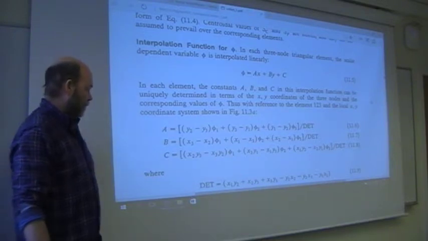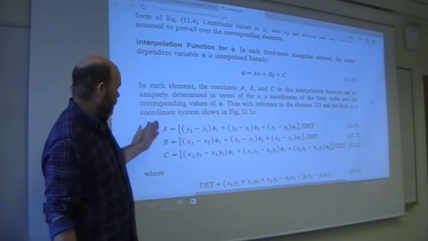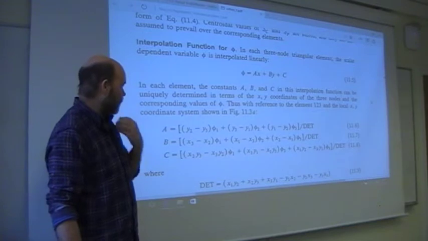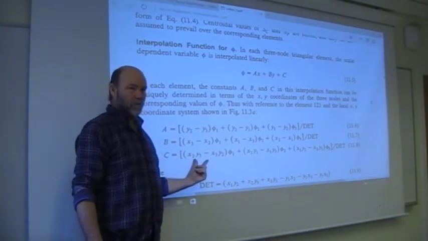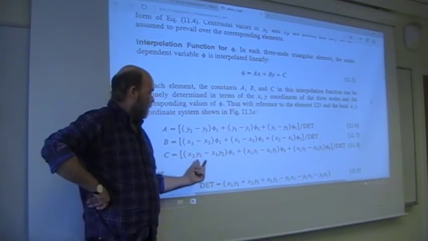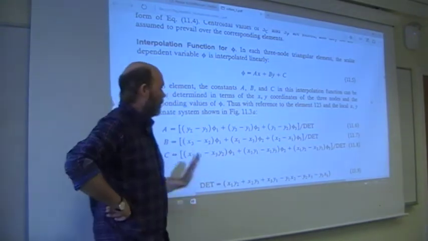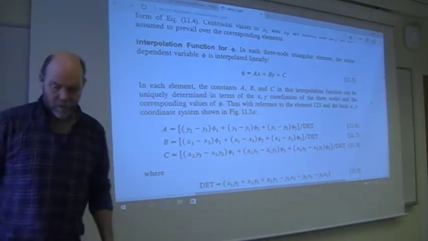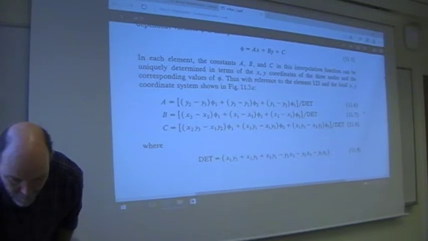Here using the determinant. Here you can see these coefficients A, B, C will be a function of positions, for the corner positions 1, 2, 3 in your triangle, but also the solution, phi1, phi2, and phi3 enters into these coefficients. That's not something that we like, so we are going to manipulate this a little bit further.